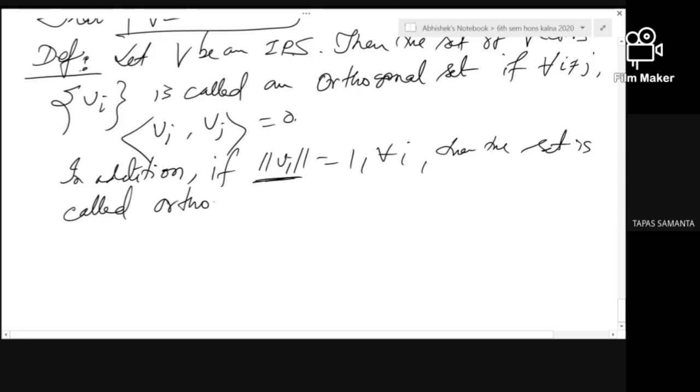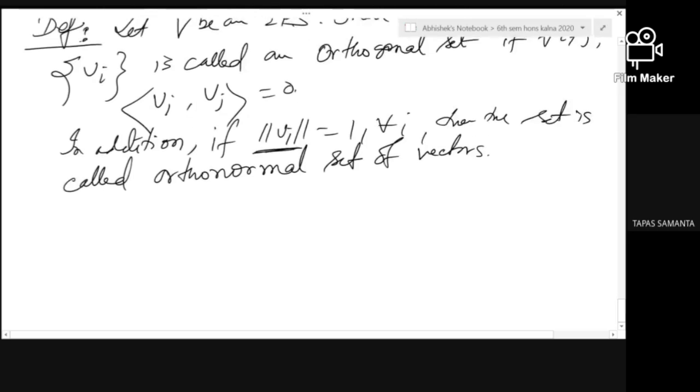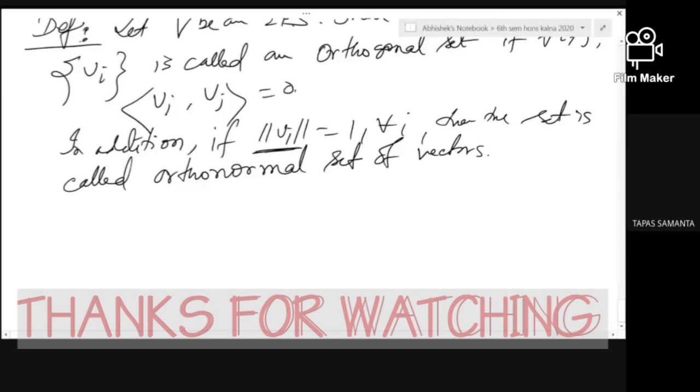That is, an orthonormal set of vectors means that any two distinct vectors are orthogonal, that is, their inner product is 0, and each vector is of norm 1. Then this set of vectors is called orthonormal.